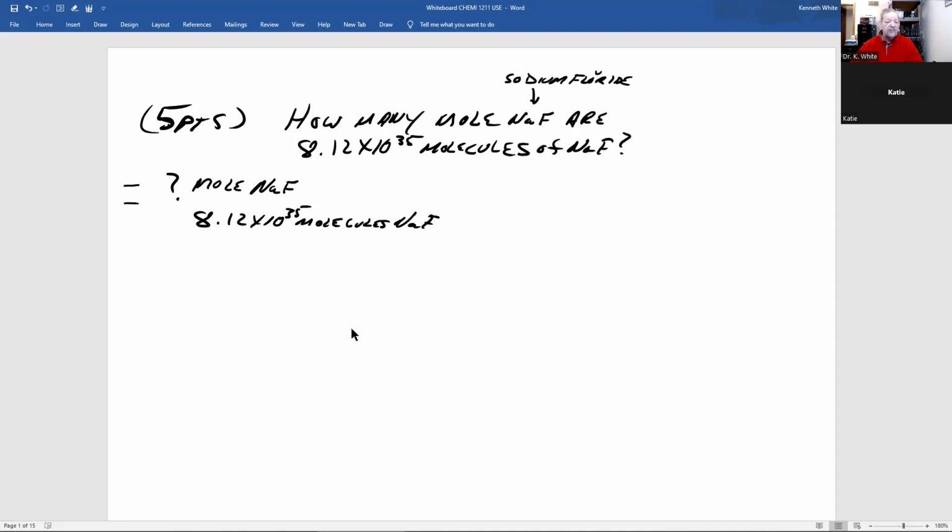Molecules of sodium fluoride. Now, once you've done all this, you never have to read, and relax when I use this word, the word problem. Relax. So once we've done this, it makes our life easier, which is a good thing.